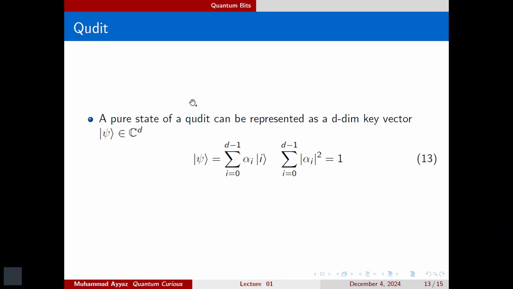We have d amplitudes associated with the d ket vectors that span the whole space, in terms of which we can describe any vector. And the normalized qudit follows the condition of normalization as we previously saw in the case of the qubit.